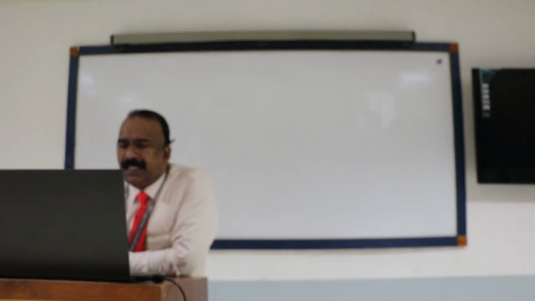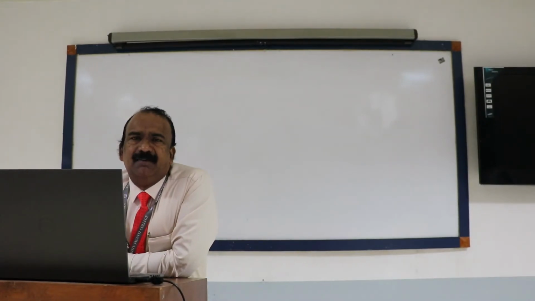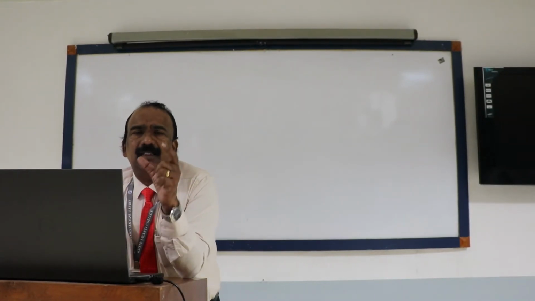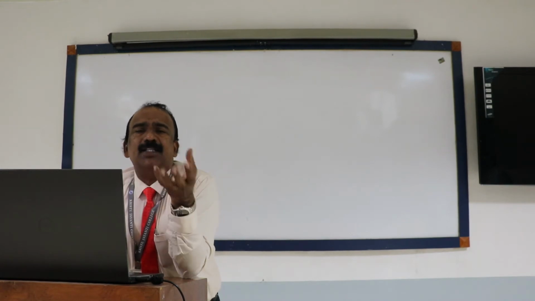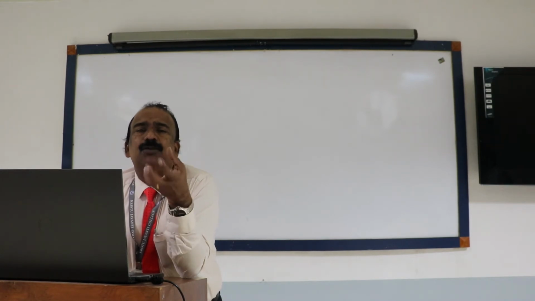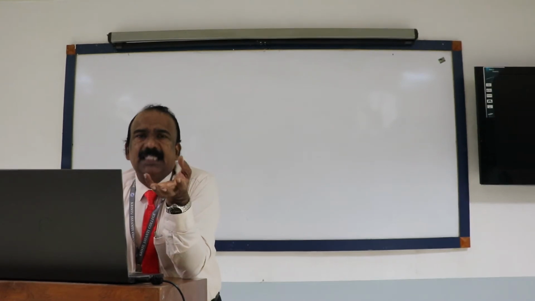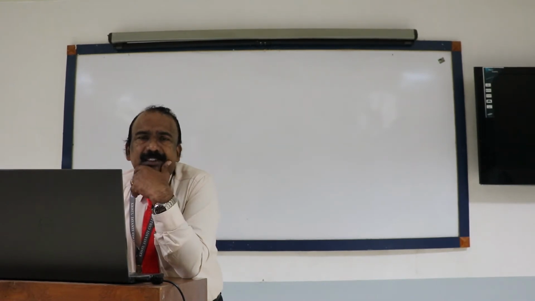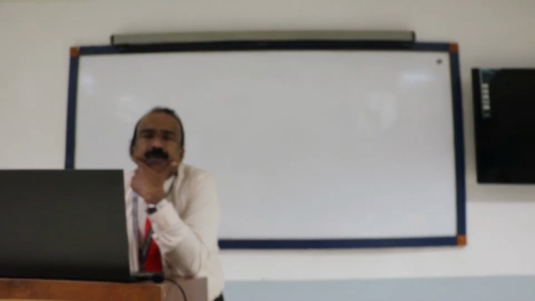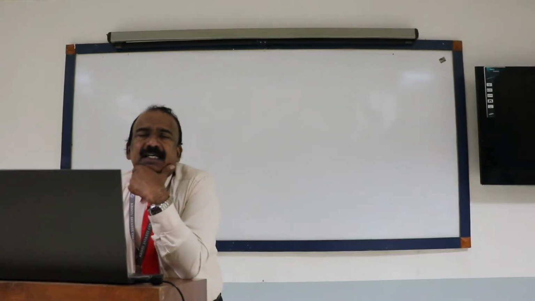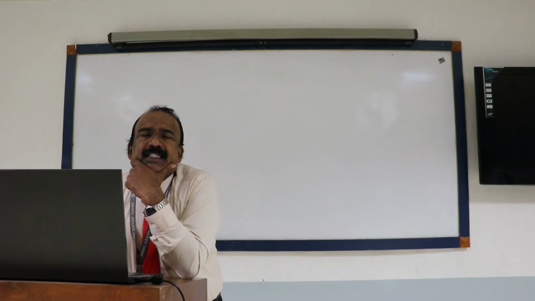So the expected rate of inflation is 6.7%. So these are the two factors: how much the investor is willing to accept, that is the interest rate, plus the rate of inflation. If you add both, that will give us the risk-free interest rate.